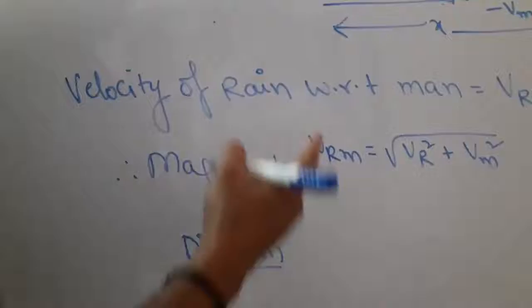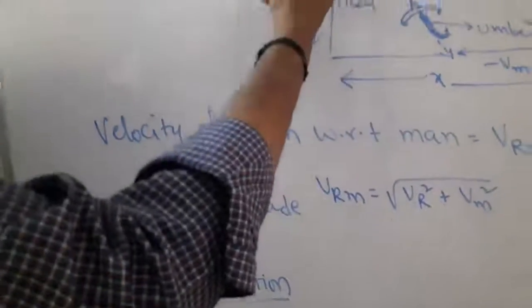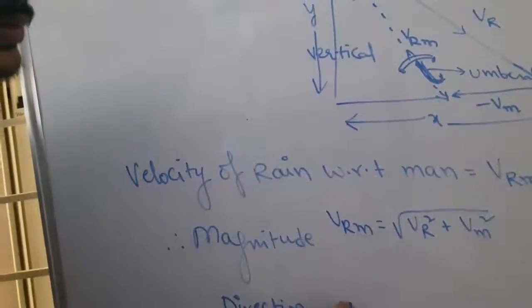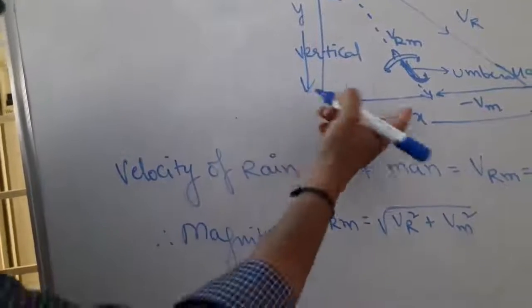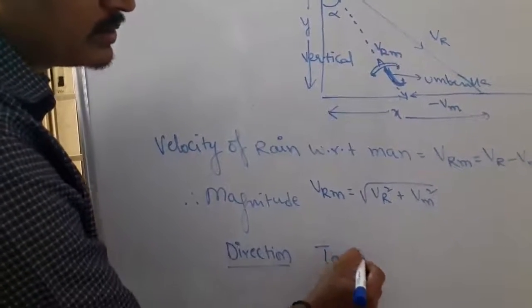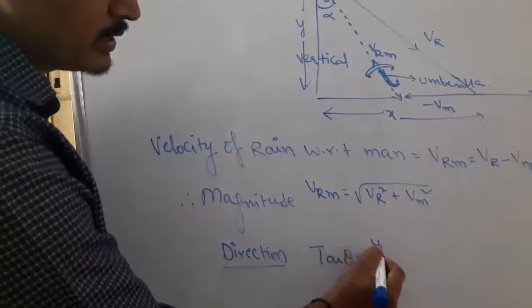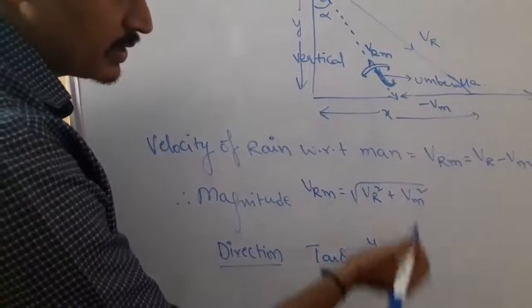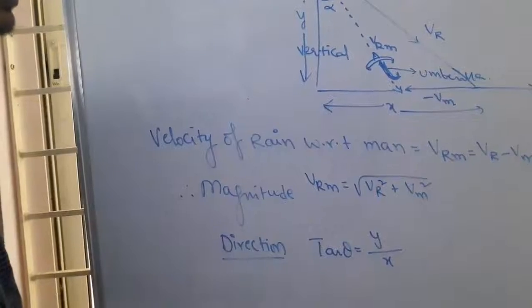Direction, in terms of tan theta, is equal to opposite side by adjacent side, y by x.